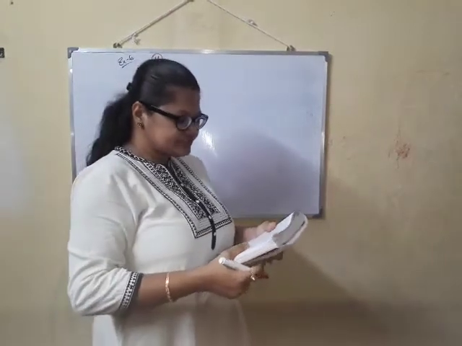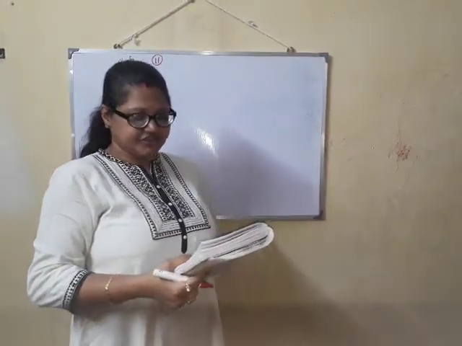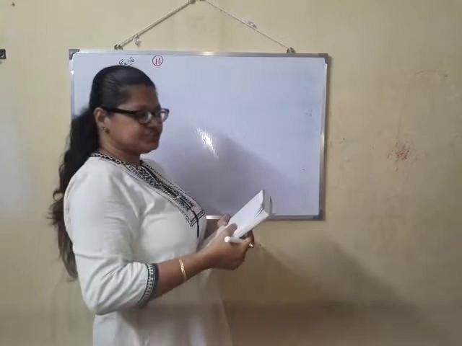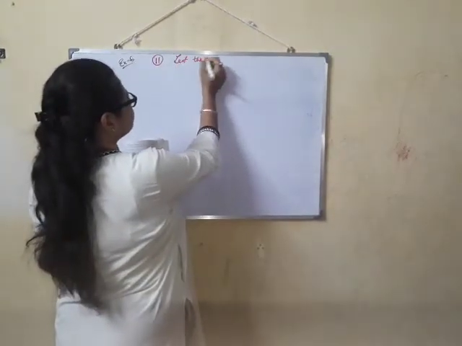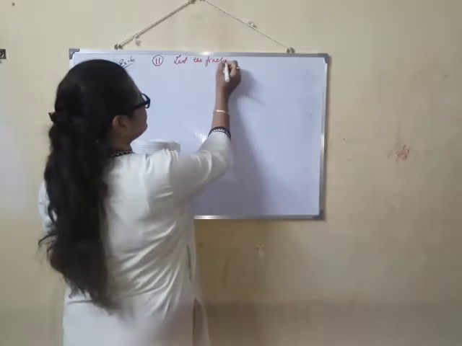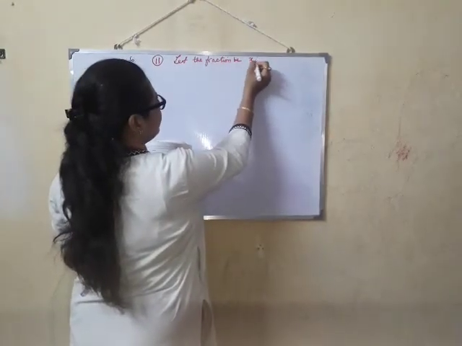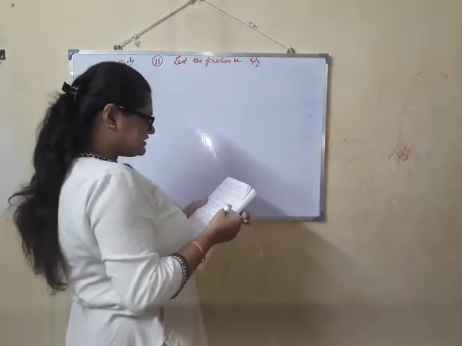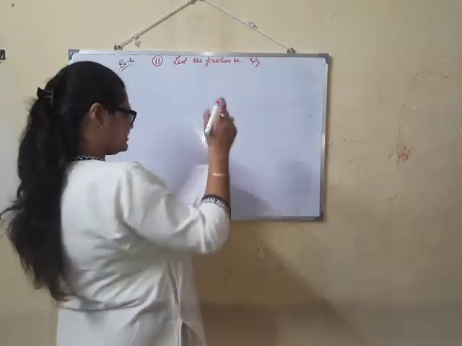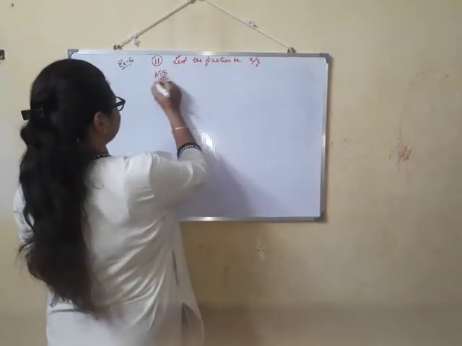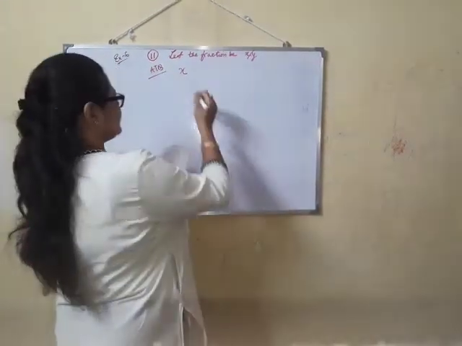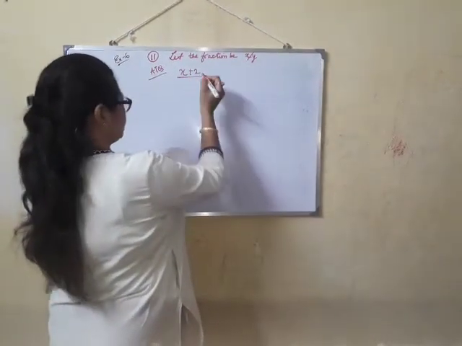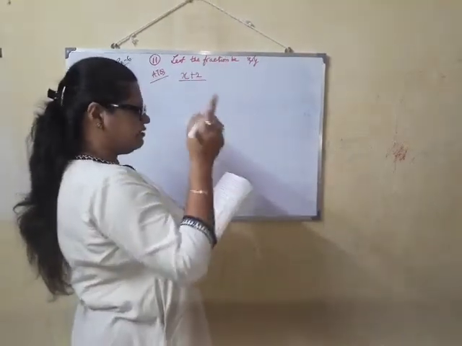If the numerator of a certain fraction is increased by 2 and the denominator by 1, so first we take, let the fraction be x by y. So they are saying if the numerator of a certain fraction, that means x, is increased by 2 and the denominator by 1.